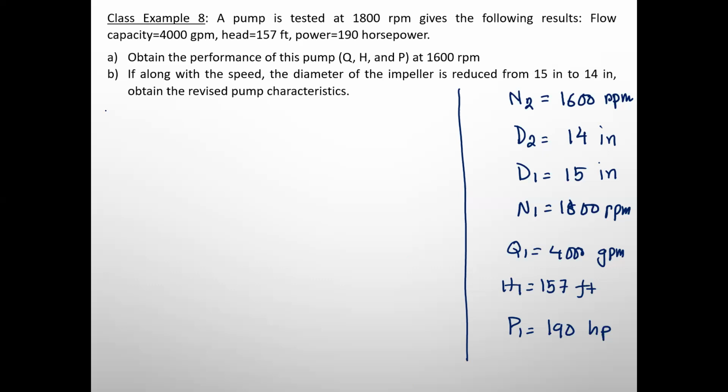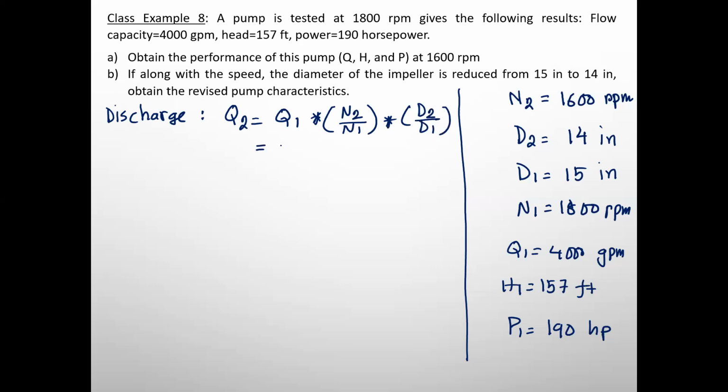So for discharge, Q2 equals Q1 times N2 over N1 times D2 over D1. Q1 is still 4000, N2 over N1 is 16 over 18, and now D2 is 14 and D1 is 15.